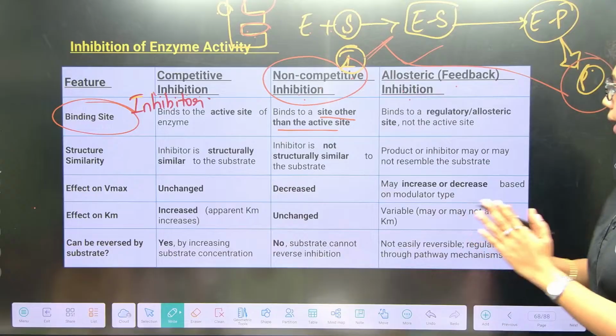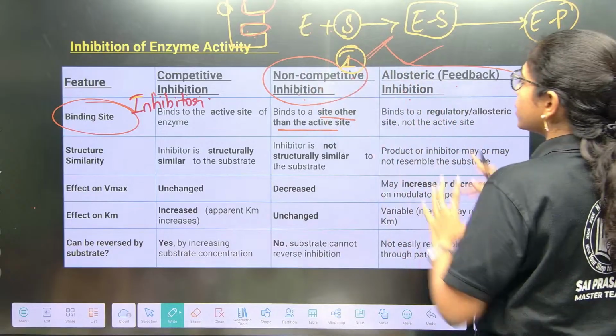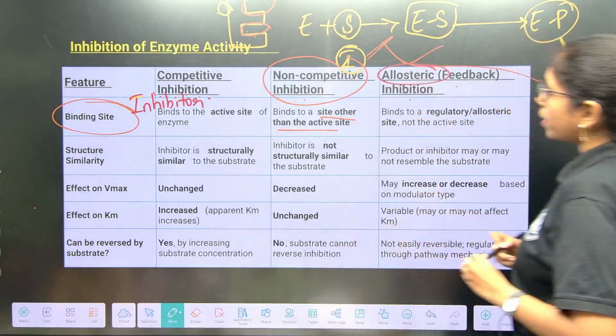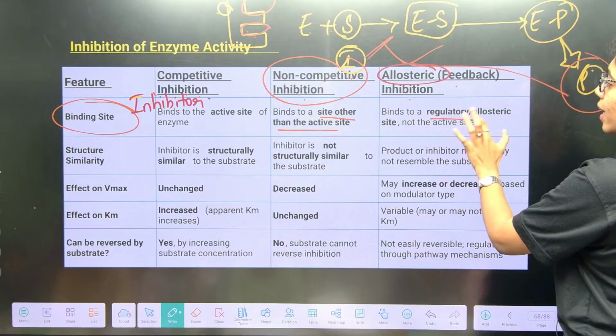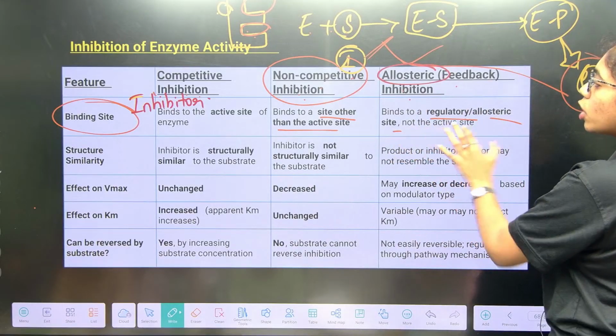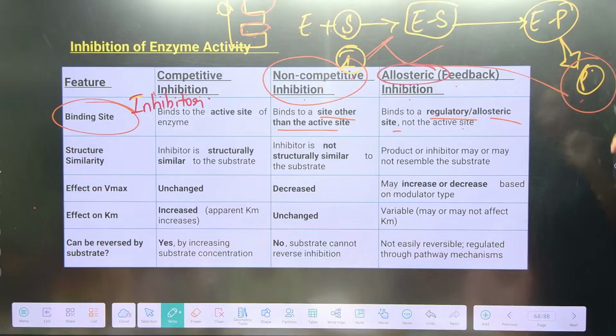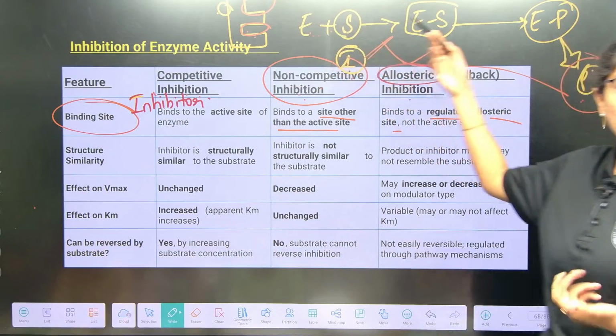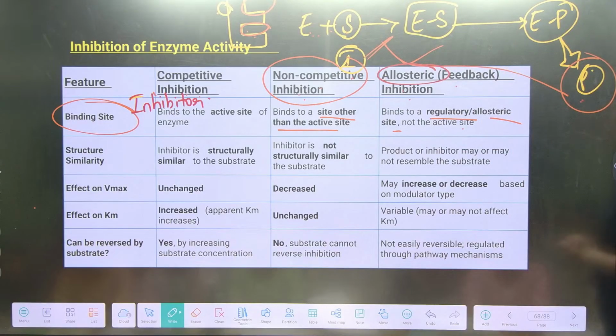Clear, right? And then binding site in allosteric or feedback inhibition: this binds to the regulatory or allosteric site, not to the active site. The products which are already present will bind to the allosteric site, so that the reaction will not happen.